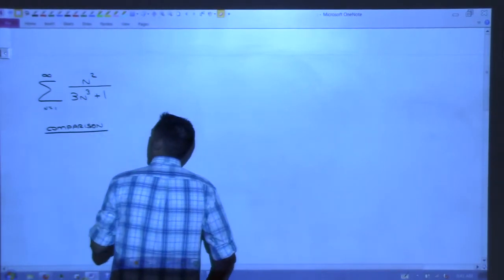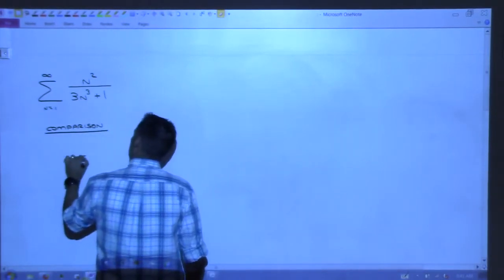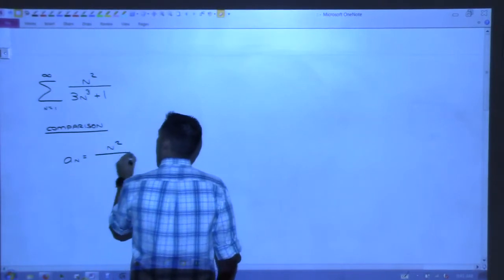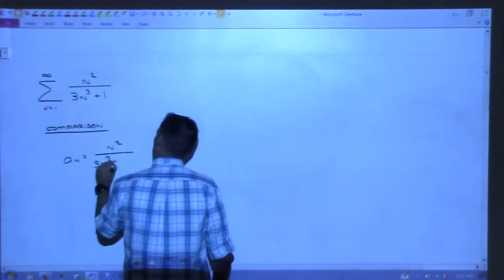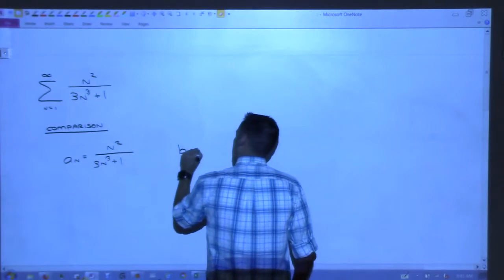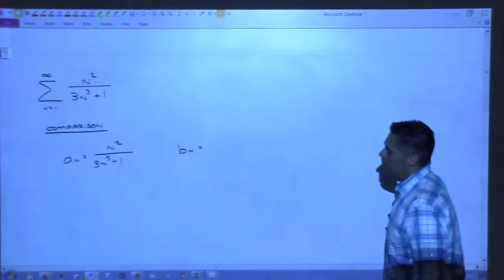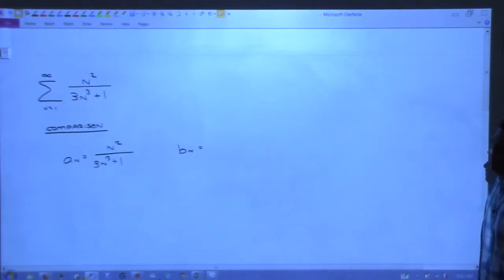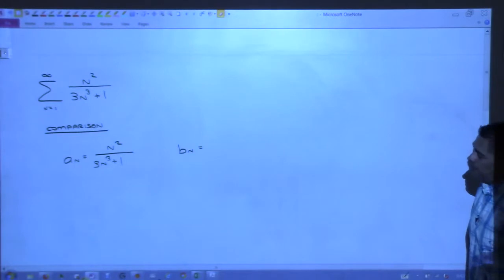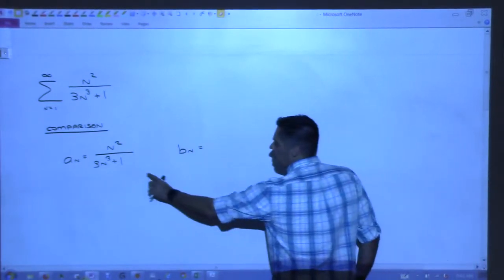Comparison test. a sub n is n squared over 3n cubed plus 1. And b sub n, well, what do you think? If n is big enough, that plus 1 doesn't matter, right?